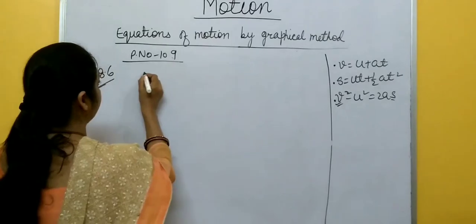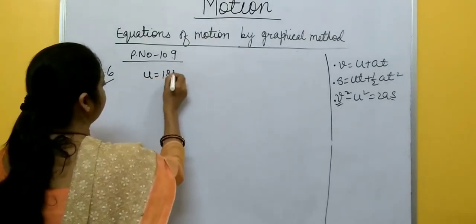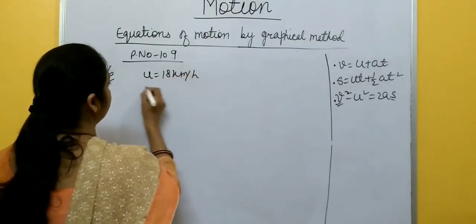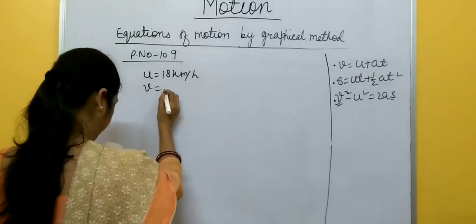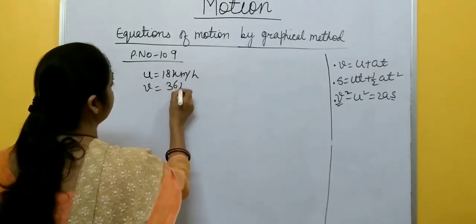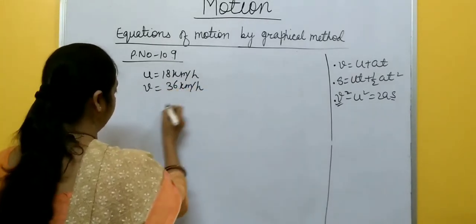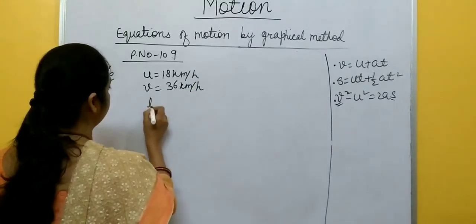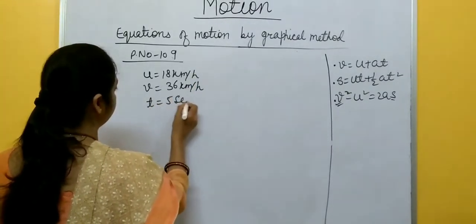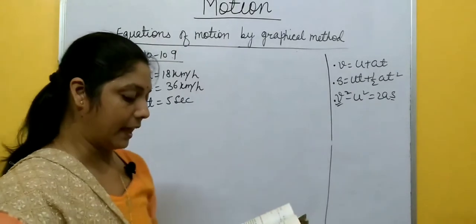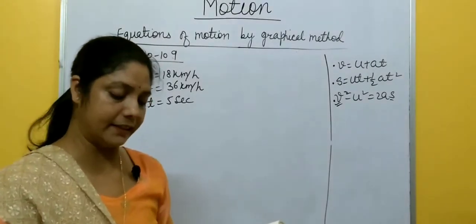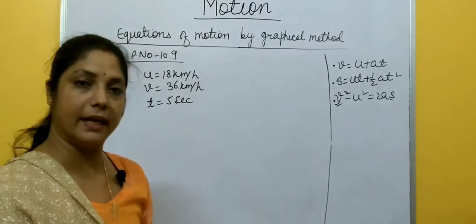Initial velocity is given 18 km per hour. Final velocity is given how much? 36 km per hour. In how much time? Time is given 5 seconds, right? Calculate the acceleration and the distance covered by the car in that time.